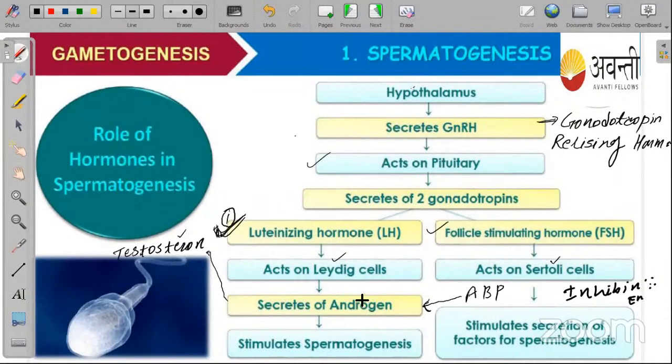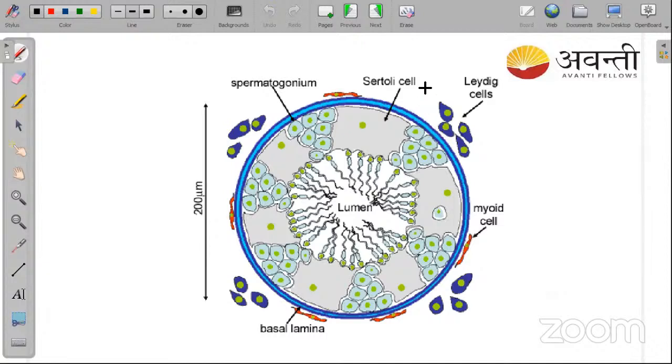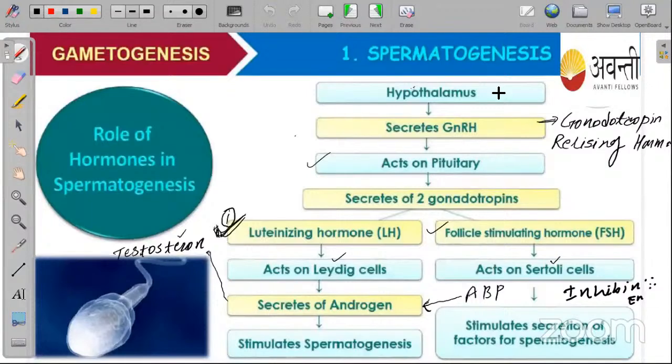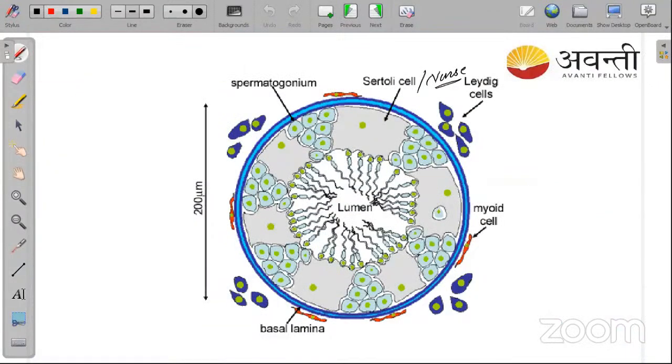So going to the next. This is the diagrammatic representation you can see here. This is the spermatogonium cells. This is the Sertoli cell. Sertoli cell is also called a nurse cell. Why is it called a nurse cell? Please message in the chat box if you know about it. This is the Leydig cell. Leydig cell is important for development of testosterone, from this testosterone will be made.